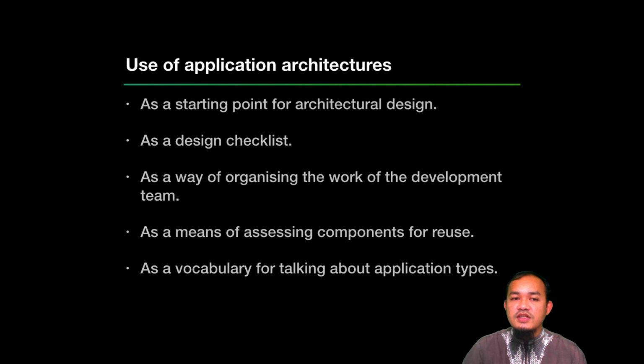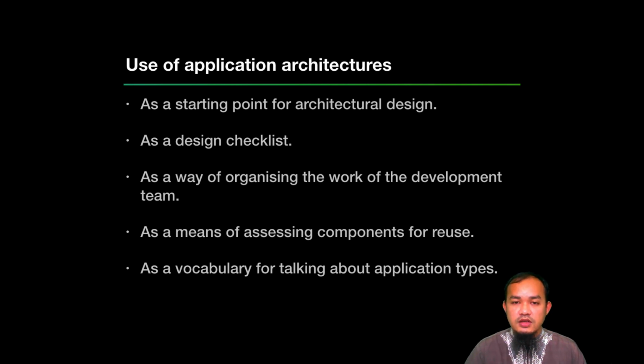Use of application architecture as a starting point for architectural design. We use an architecture pattern as the starting point of architectural design. As the principle says, you should not reinvent the wheel, right?